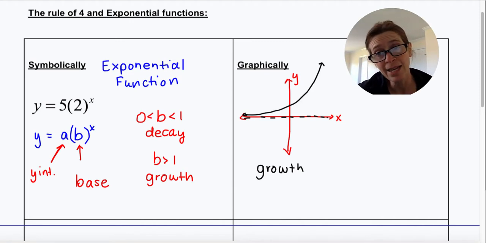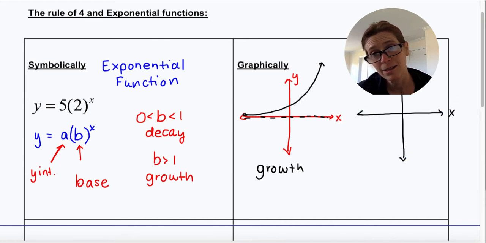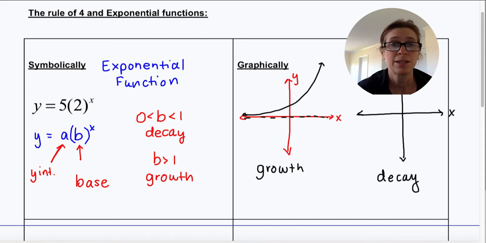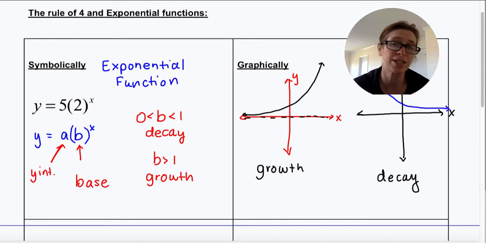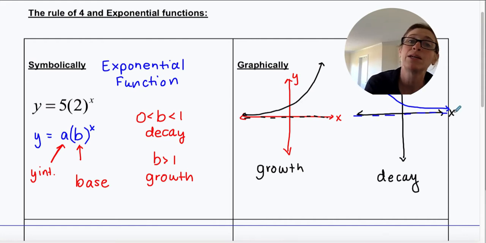Whereas decay is going to be falling, if it goes down like that. Sorry, my curve's not perfect. And it's going to have, again, a horizontal asymptote at y equals 0. So we're going to want to be able to graphically picture what's happening.